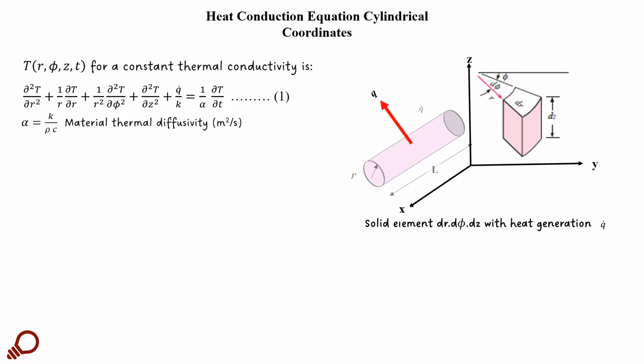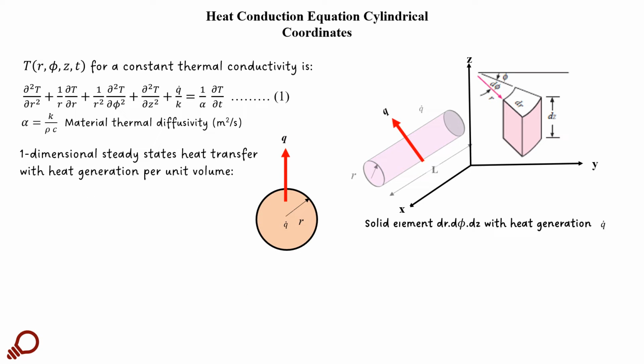We define alpha, the thermal diffusivity, as k, the thermal conductivity of the material, divided by the density of the material times the heat capacity. It is usually in units of meter squared divided by second.